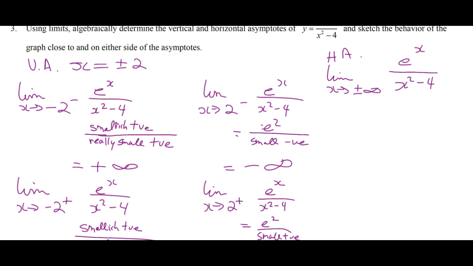Do we need to examine these separately? I think we do, because e to the infinity is going to be different from e to the negative infinity. There's different behavior going on, so we need to split this. The limit as x approaches positive infinity.